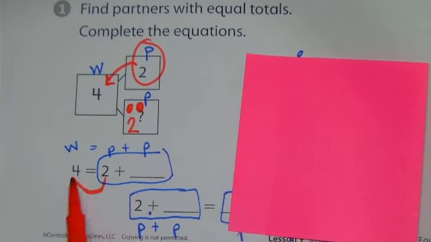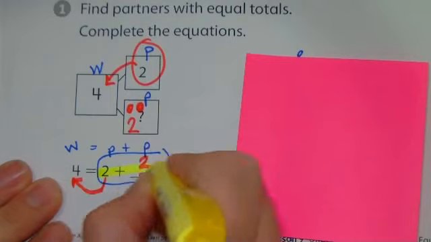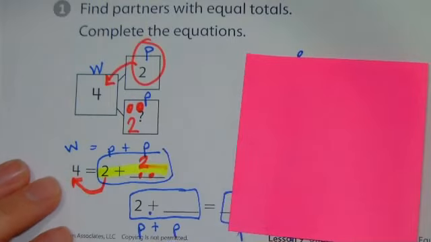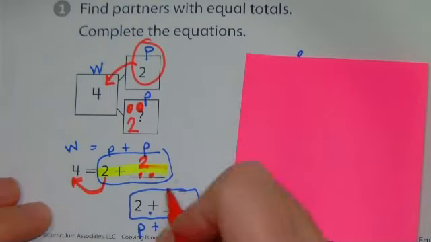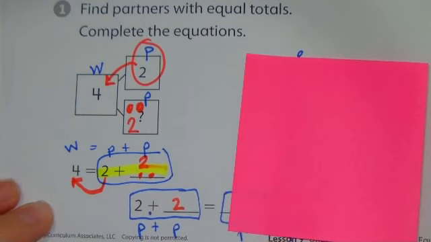Right here, we can count on from the part we know up to the whole. 2, 3, 4. 2 plus 2 equals 4. Then I'm going to take this expression, that part of the problem down here, and put 2 and 2.